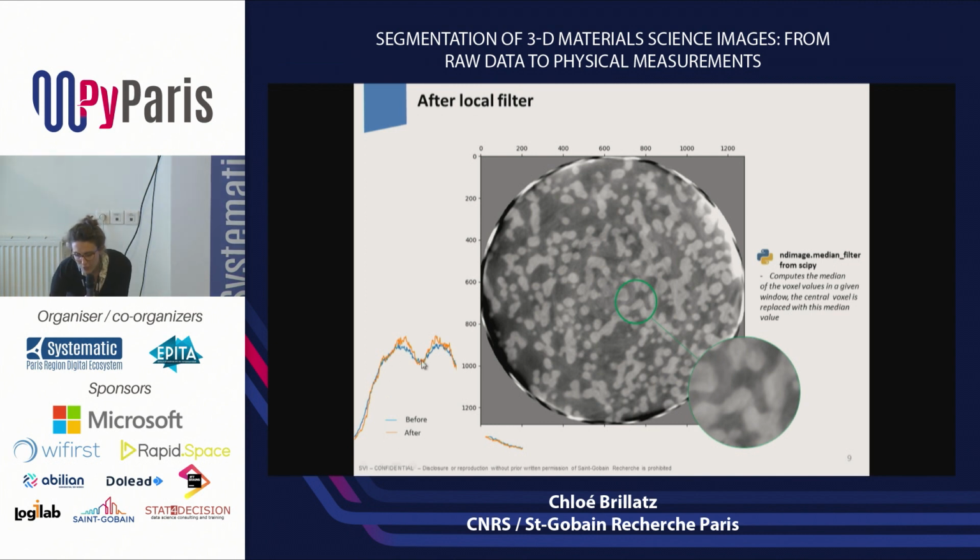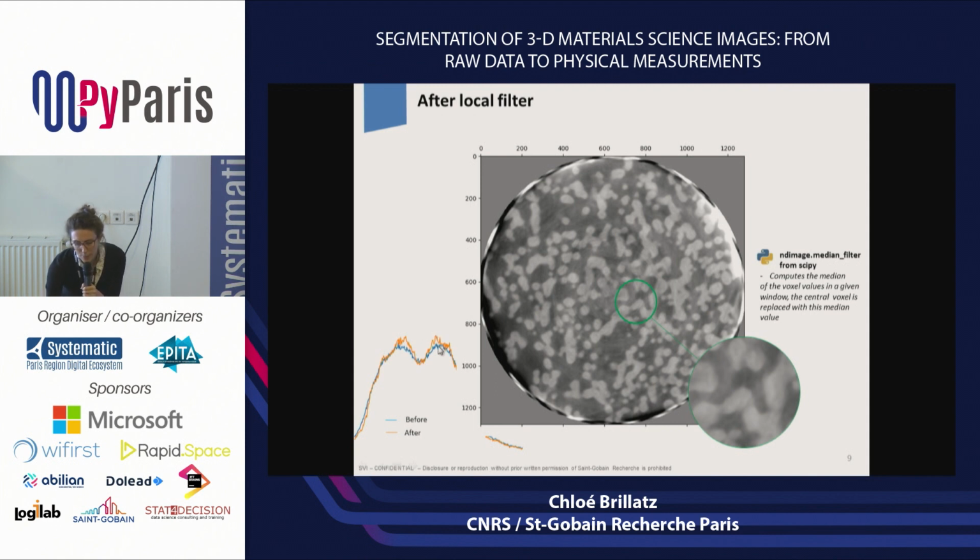So here on this graph, you see the results. It's a histogram of the gray values of the image, and the blue curve is before the filter, and the orange line is after.